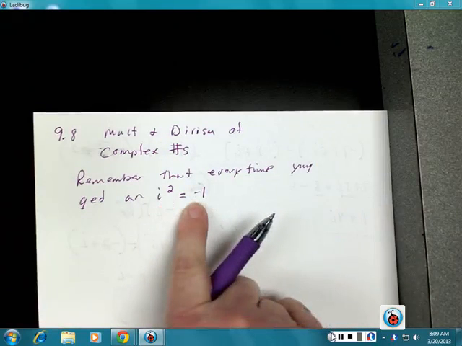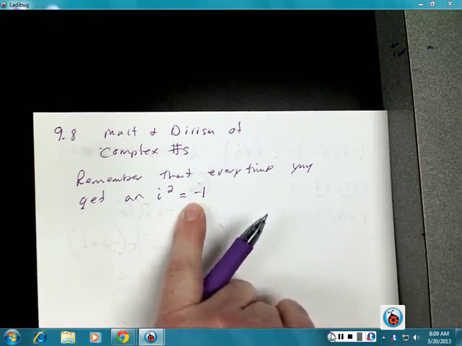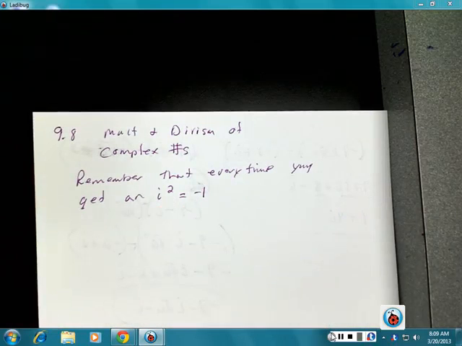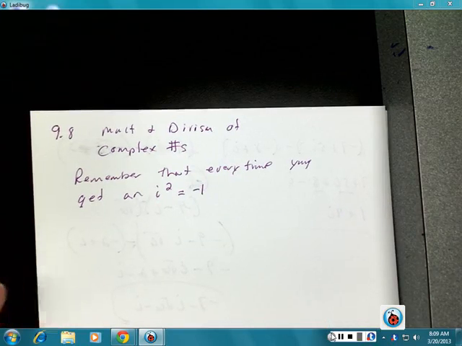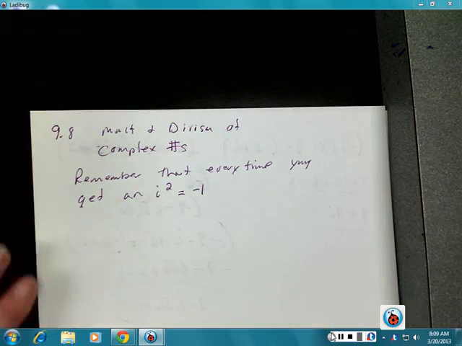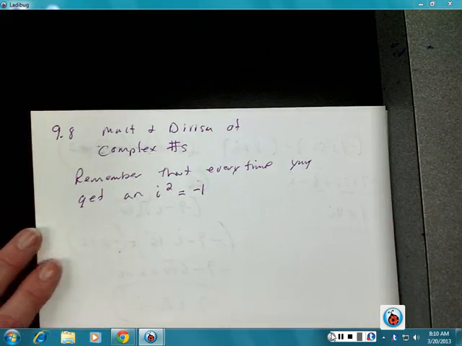And when you end up with an I squared, you just pull it out, stick a -1 in, multiply it by what's in front of it, and then you can combine more than we used to when we FOILed. A lot of times when we FOILed regular expressions, we came up with trinomials that had 3 pieces to them. As you noticed last time, we found some that did not have trinomials.